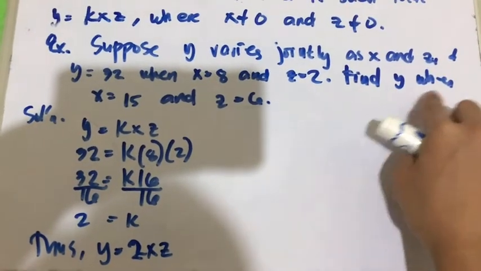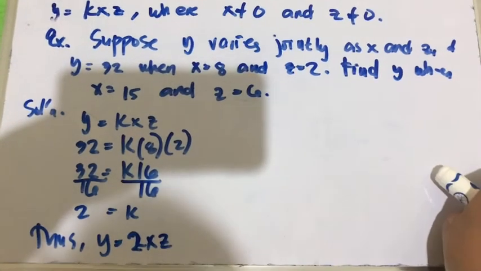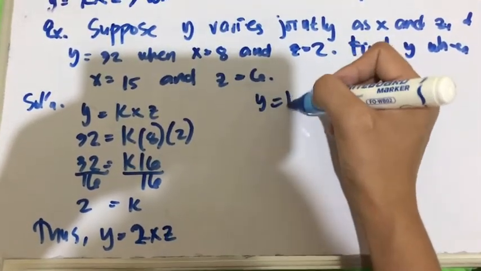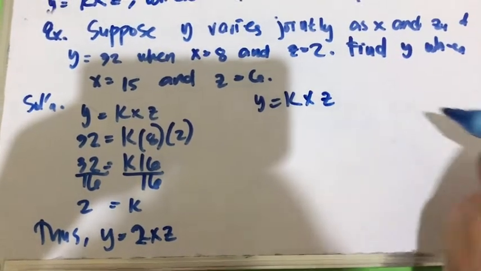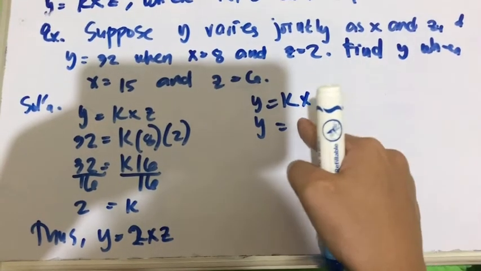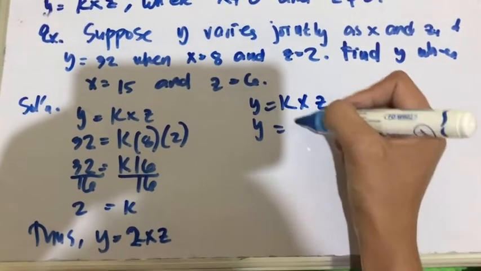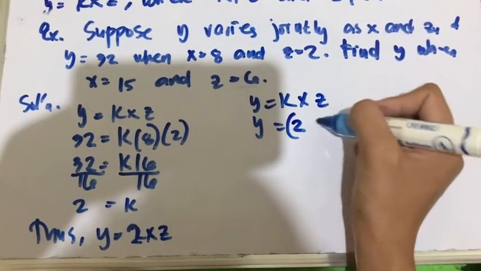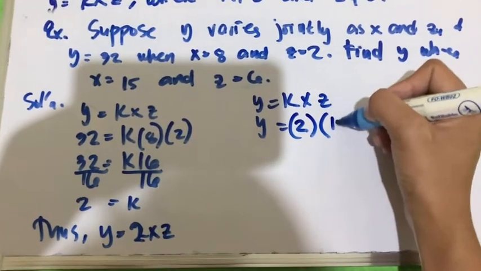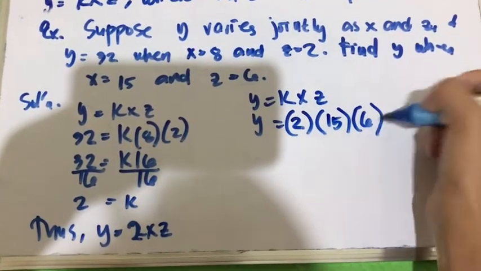Now, find y when x is equal to 15 and z is equal to 6. So, y is equal to k times x times z. We already found the value of k, which is 2. So we substitute, multiplied with the value of x, 15, and the value of z, that is 6.